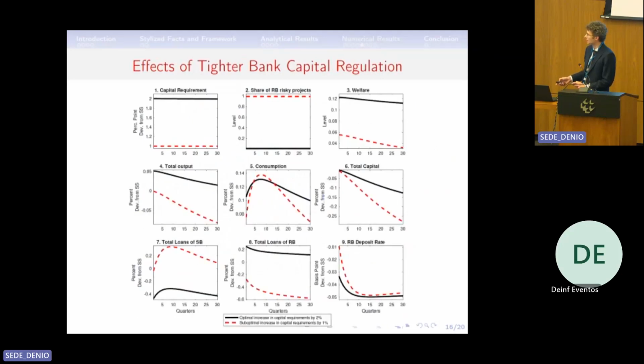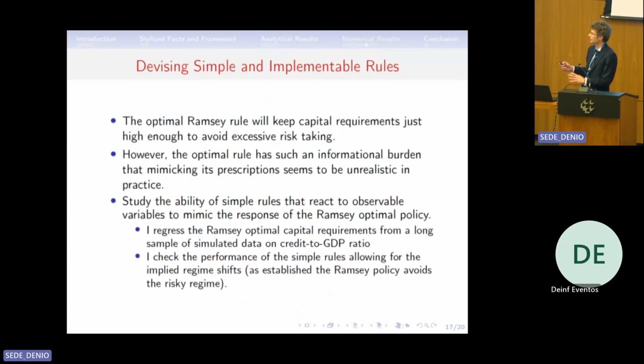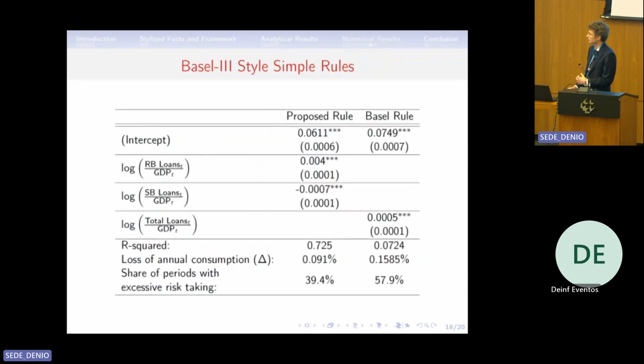Let me just skip this and very briefly show how we can implement different rules, Basel III rules, in this framework. The idea is that Ramsey optimal policies place a huge informational restriction on policymakers. Here I just regress the Ramsey optimal requirements on the credit to GDP ratio and look at the coefficients for these regressions.